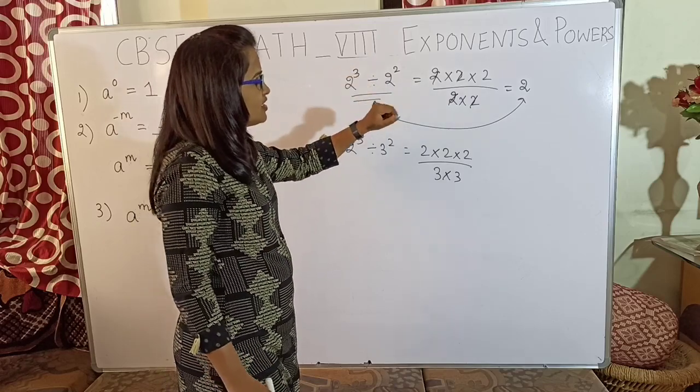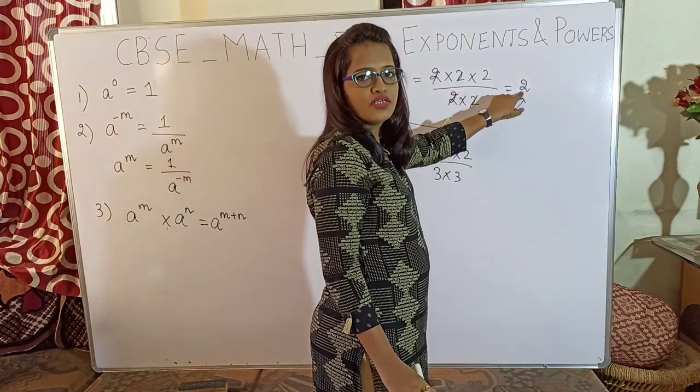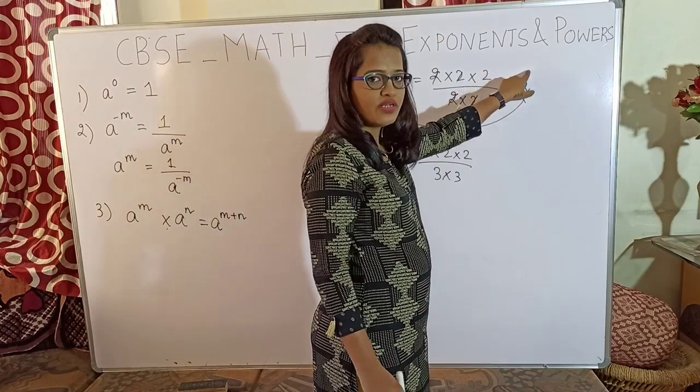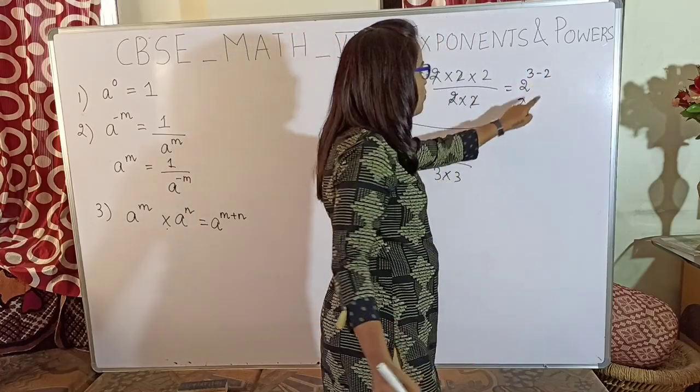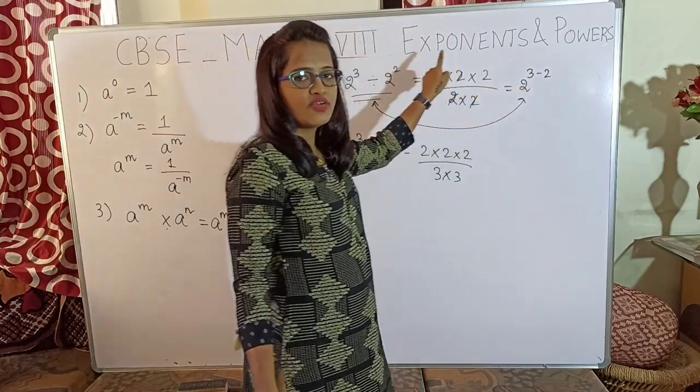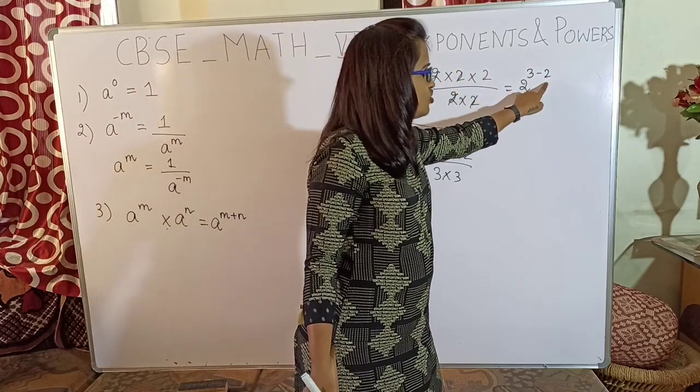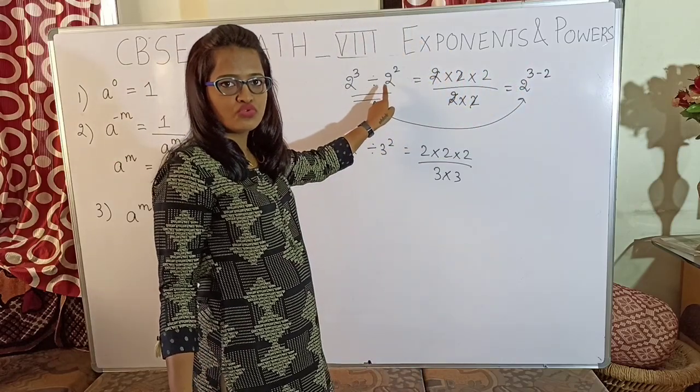But what happened to the index? What did I get at the end? 2, nothing means there is 1. Okay, 1 means what? 3 minus 2. Why 3 minus 2? Because in the numerator it was 2 raised to 3 and in the denominator it was 2 raised to 2.